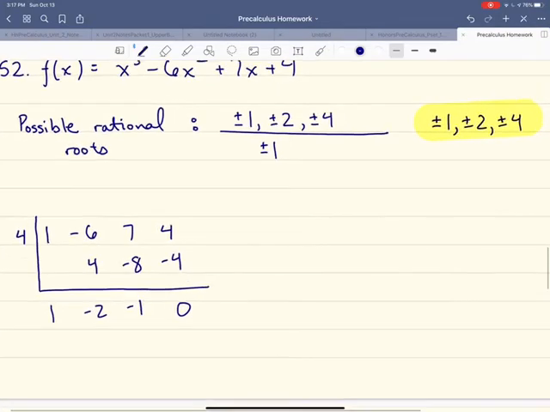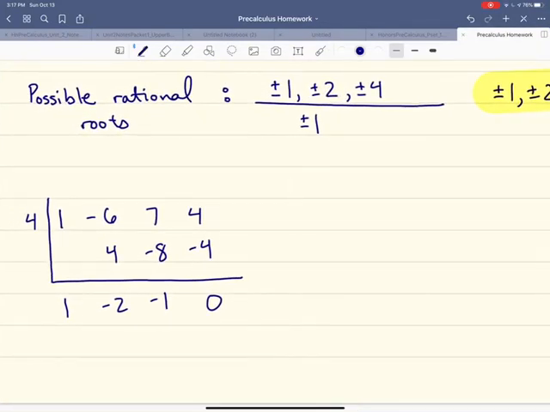So this shows us that 4 is a root of this polynomial function, and the coefficients of the depressed polynomial are 1, -2, and -1, which means we have this quadratic.